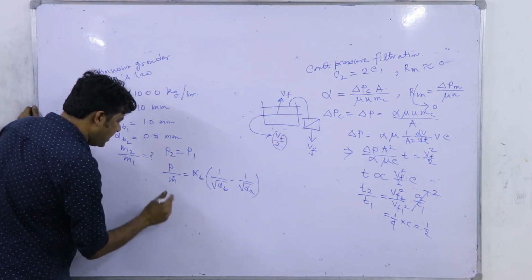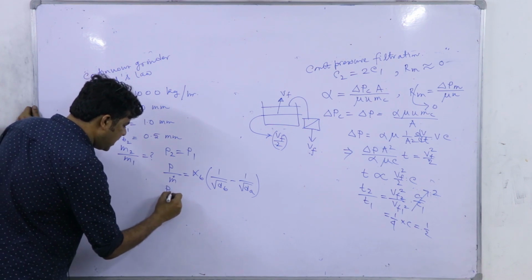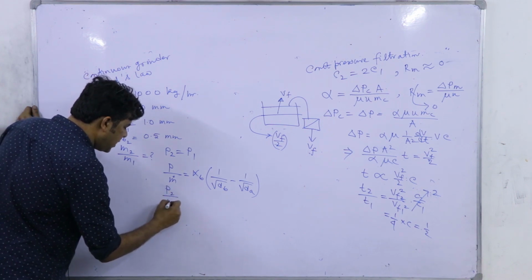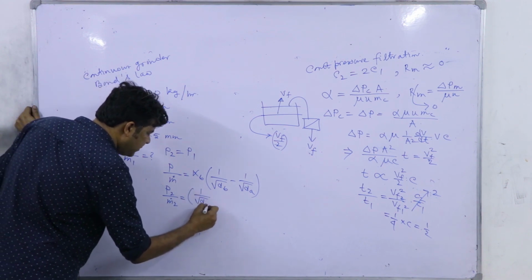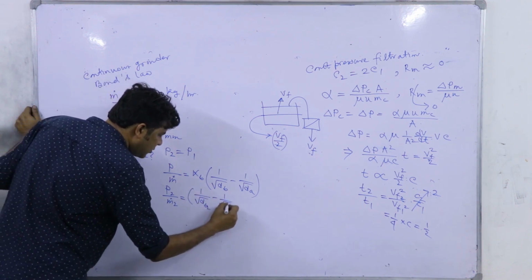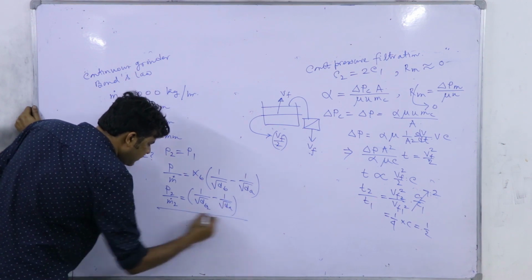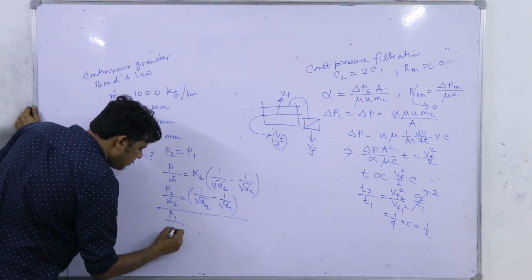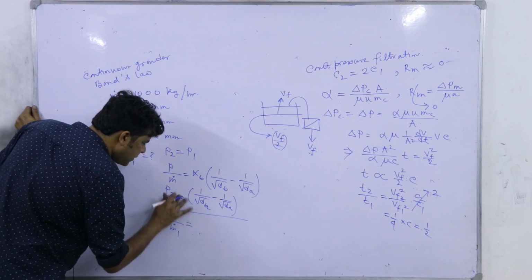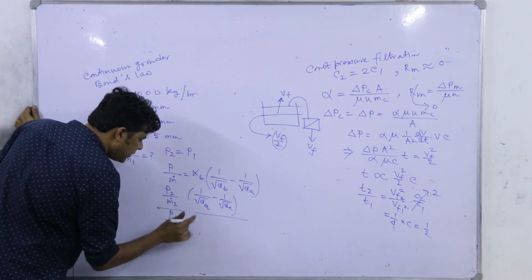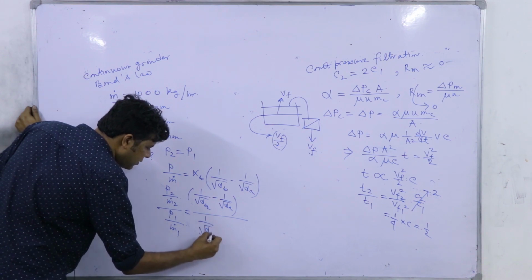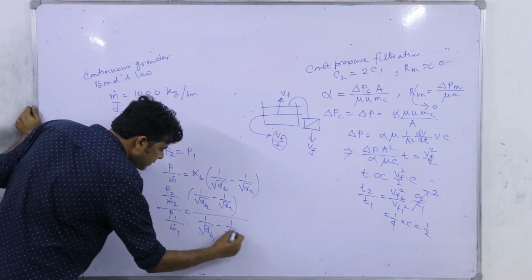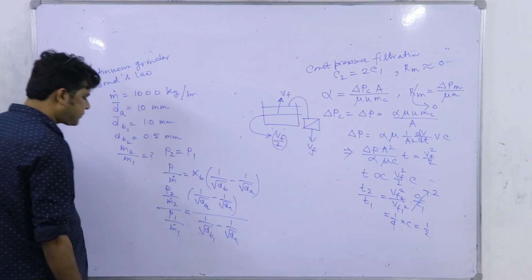P remains the same, so P2 by m dot 2 equals 1 by under root dB2 minus 1 by under root dA, divided by P1 by m dot 1, which equals 1 divided by under root of dB1 minus under root of dA.